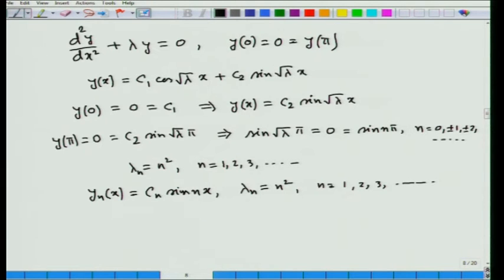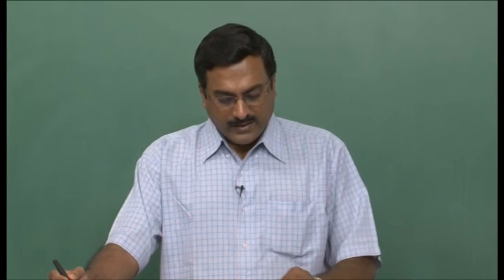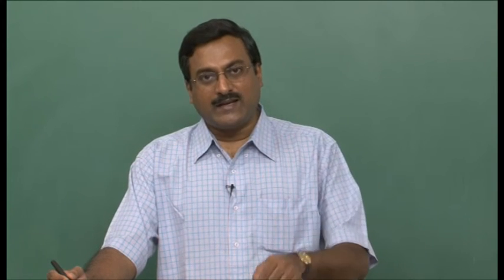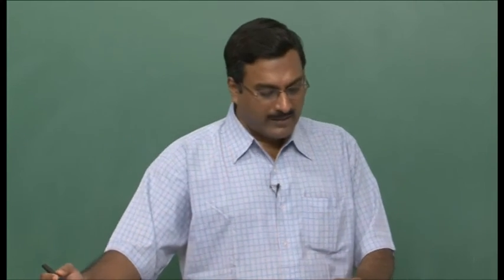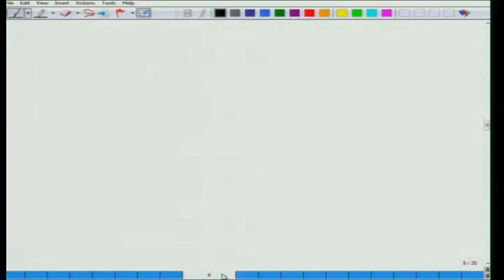And now we just verify whether this type of solution satisfies the given integral equation or not for a particular value of lambda. So, for verification we can choose n equal to 2, then lambda 2 is equal to 4, and we intend to check whether this sin(2x) is a solution to the given problem or not.